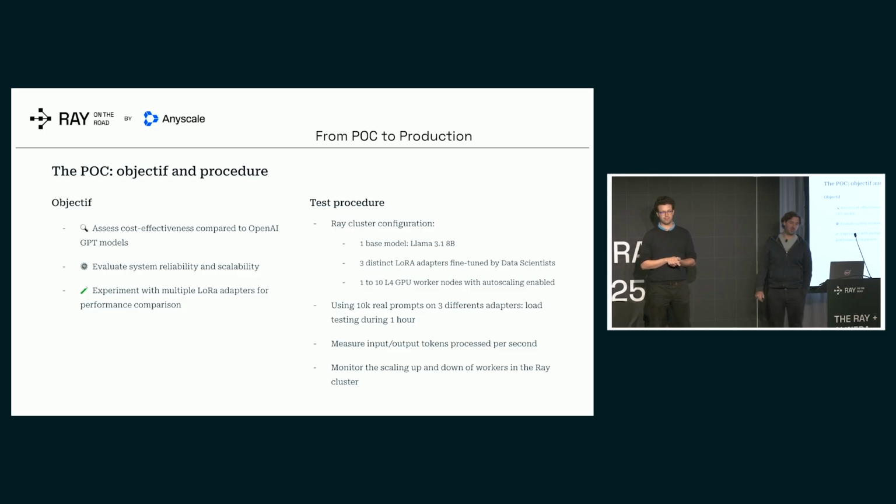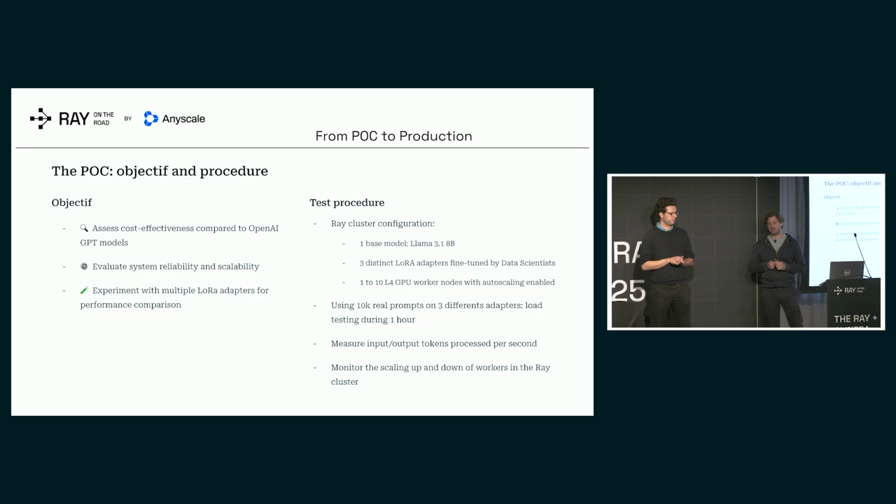We set up a Ray cluster with one base model. It was LLaMa 3.1 8 billion. We put 3 distinct LoRa adapters that were fine-tuned by our data science team. And the configuration was from minimum 1 GPU to maximum 10 GPU with autoscaling enabled.